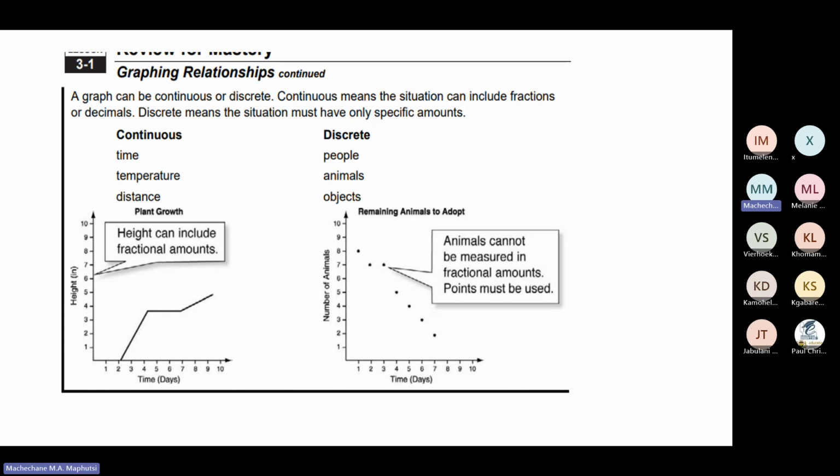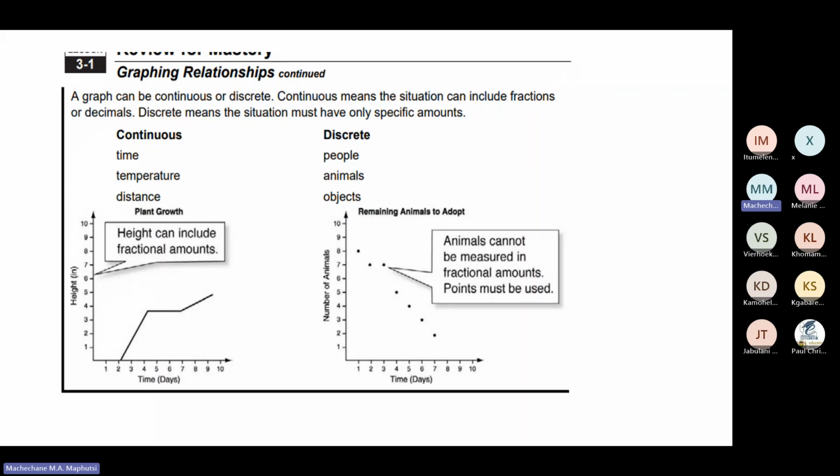Continuous data can also include fractions, decimal fractions, and so on. For continuous graphs, we can use time, because I can say 14:45, meaning a quarter to, or half past. You can use the quarters and the halves. Also temperature and distance.